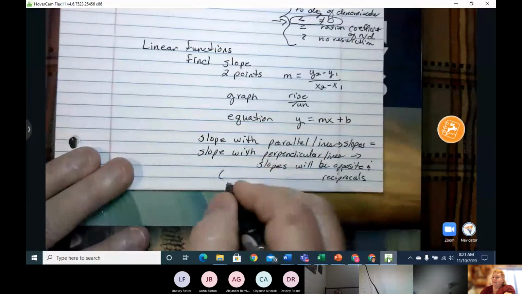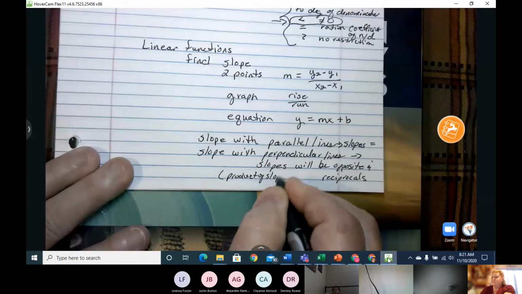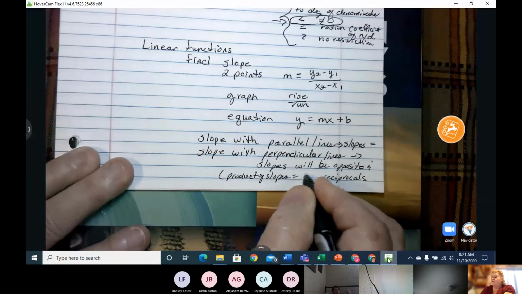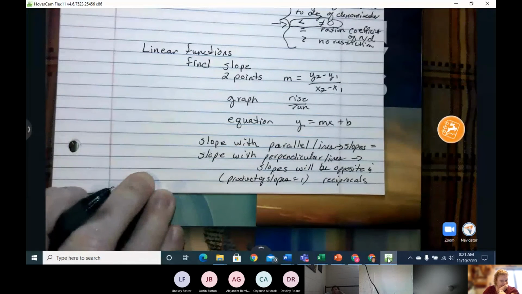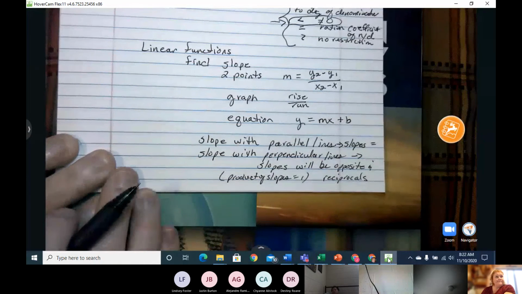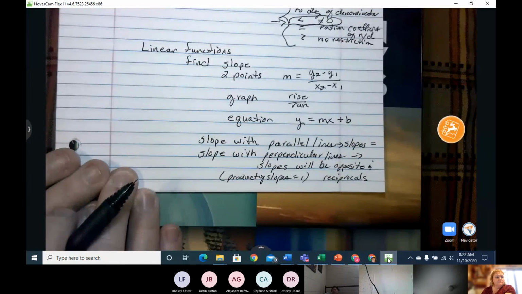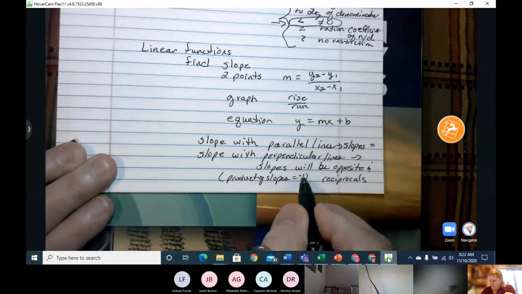A little trick here is the product of the slope equals 1. So if you want to tell if the slopes are for perpendicular lines and you multiplied them together, you would get 1. Excuse me, not 1, -1. You get that right.